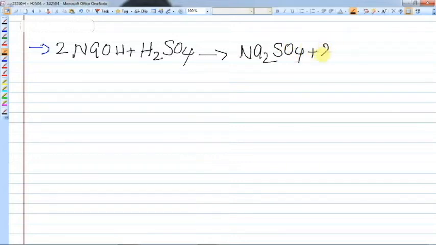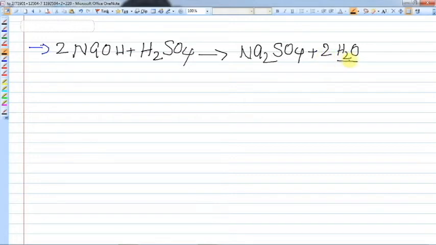Yes, we have to put 2 before the formula of hydrogen monoxide, the water molecule. Then the hydrogens are balanced. Here there are 4 hydrogens, but there only 2. That's why we put the coefficient 2 before the water molecular formula, 2 in front of H2O.